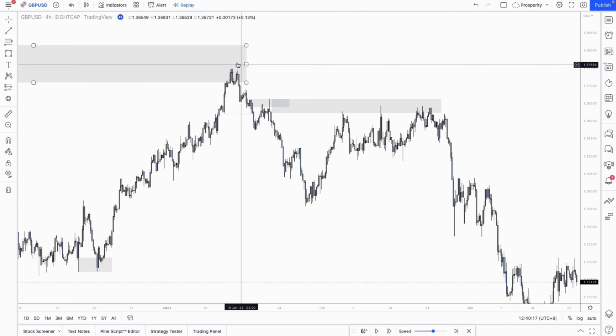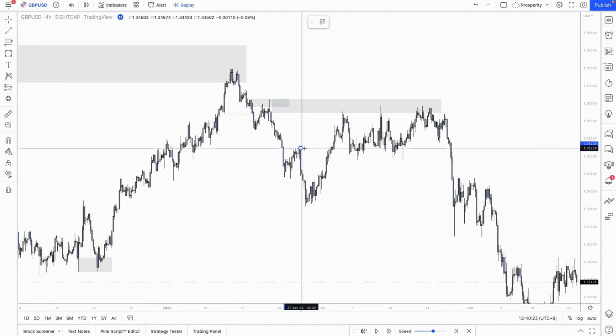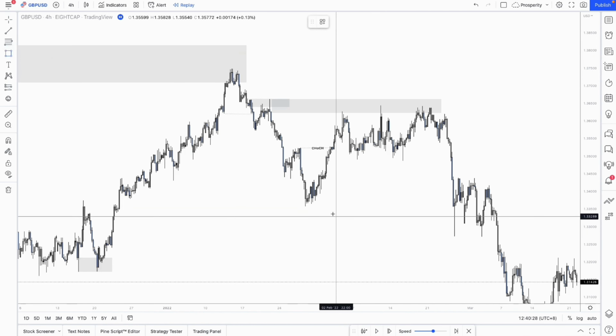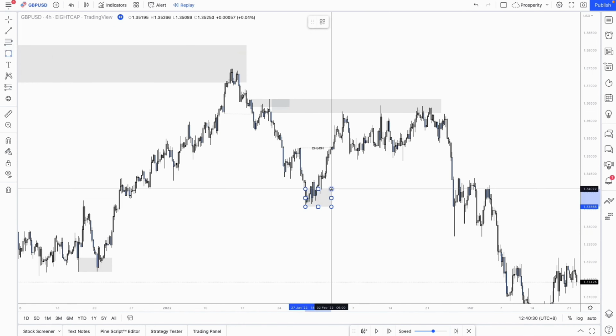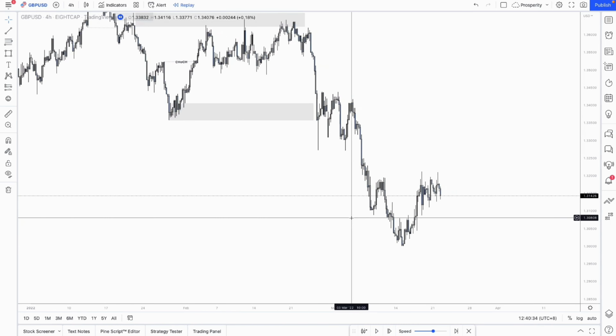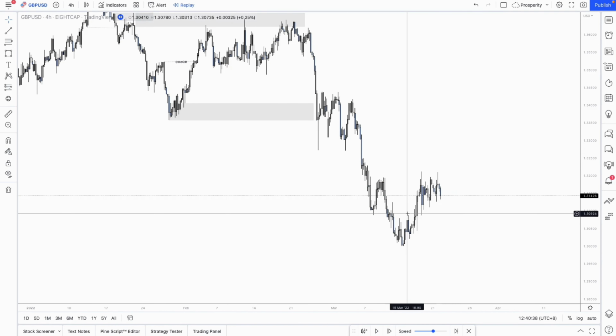But as you can see, as price puts in this high and this low, and then we change character, demand takes control, but it's only temporarily. Maybe you want to use the whole range, and then it gets melted through until price once again changes character.